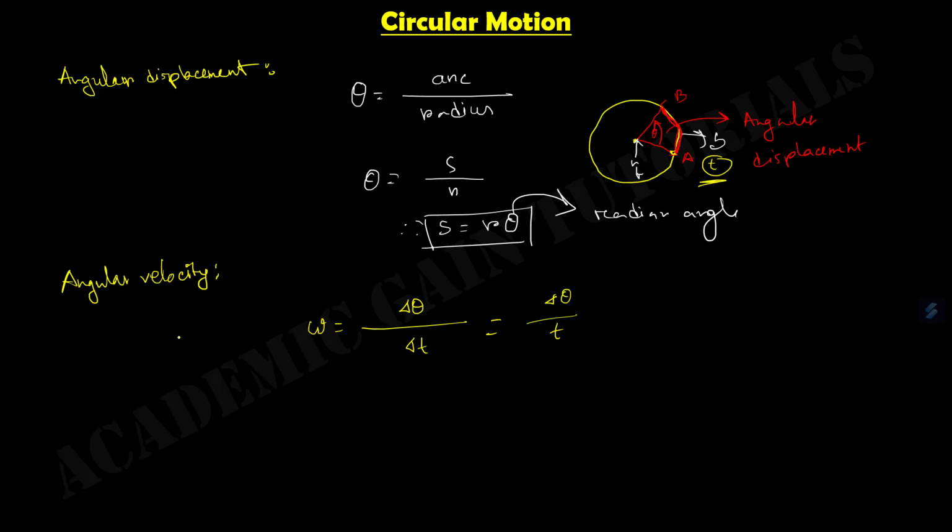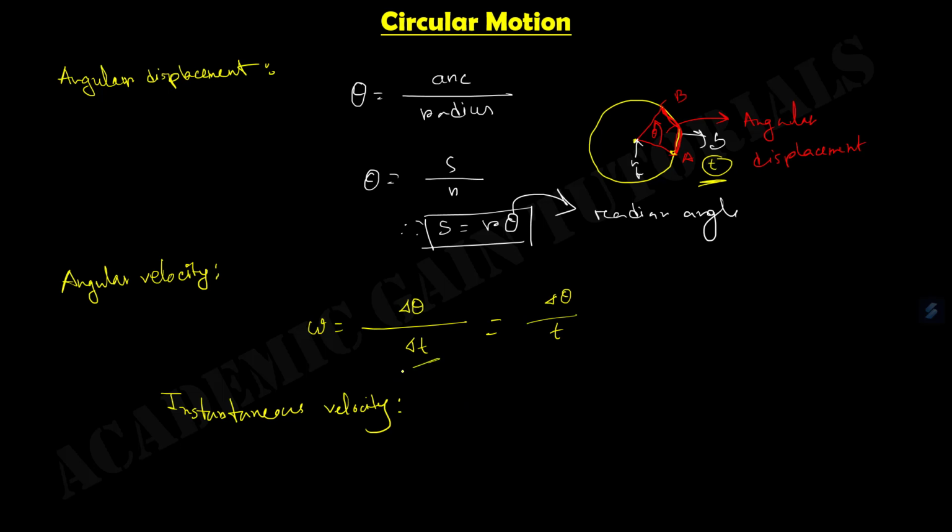Here is another term, which is instantaneous angular velocity. Instantaneous velocity is, if the time interval tends to 0, the limiting value of the average angular velocity, which is called instantaneous angular velocity or angular velocity.